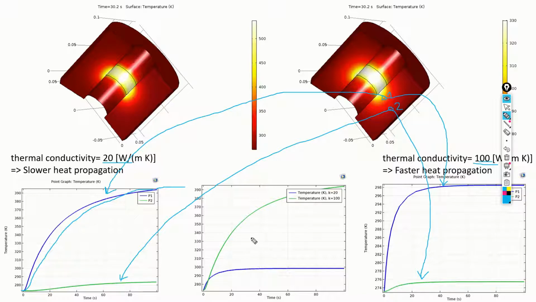Now, if we compare these two cases for, let's say, point P1, for K equal to 20 and for K equal to 100, we will obtain the middle graph.